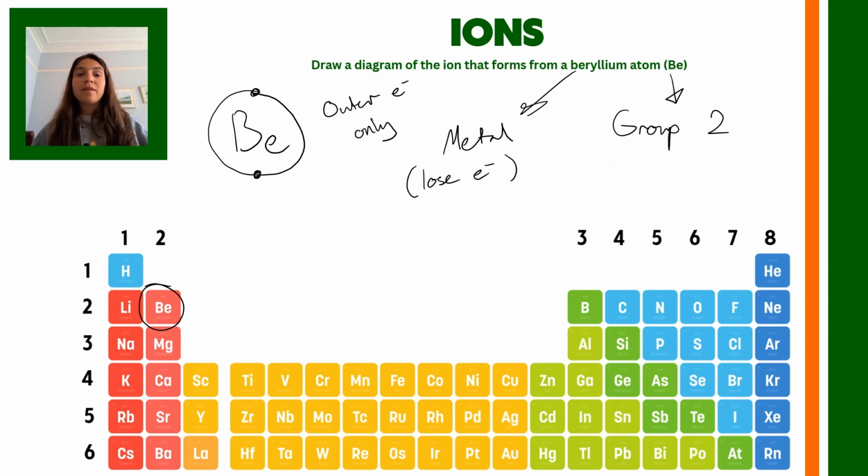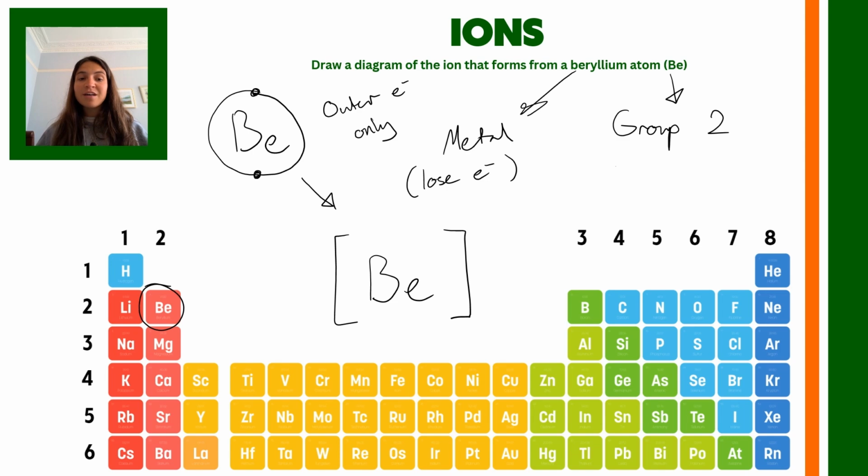And to remember that then when metals form ions, they lose electrons. Okay, non-metals tend to gain electrons, and metals lose electrons to form ions. So I'm just going to write my chemical symbol Be around some square brackets.